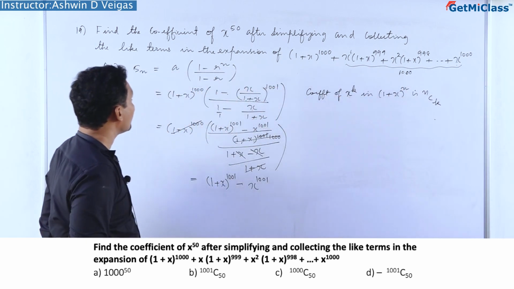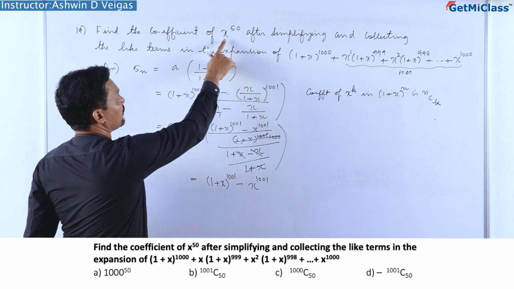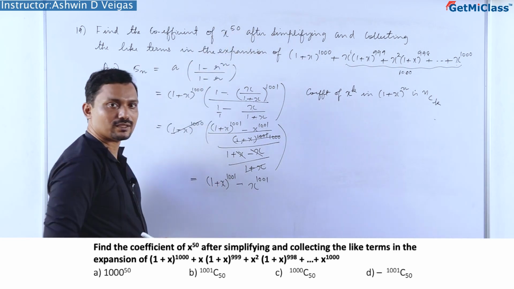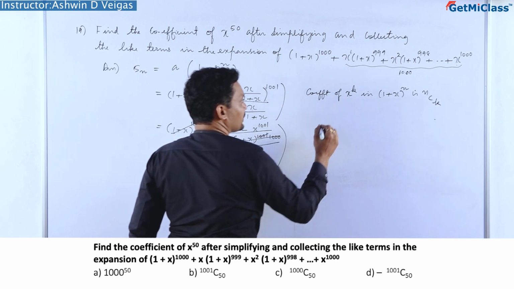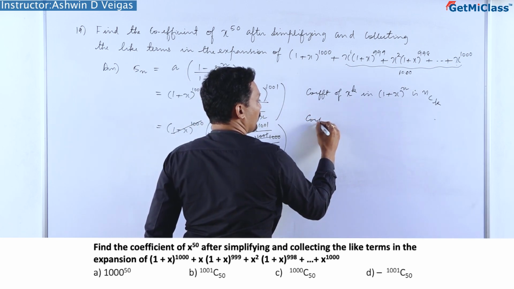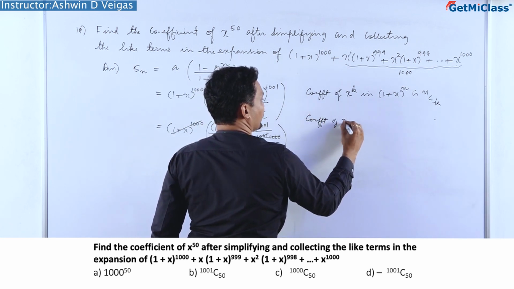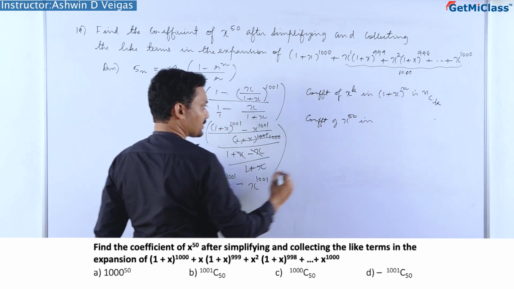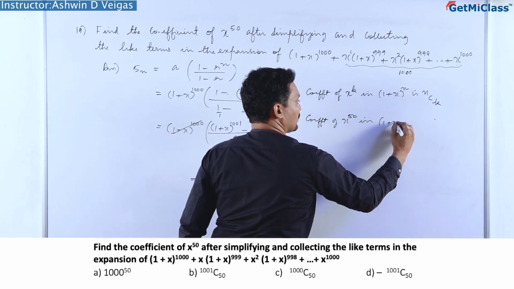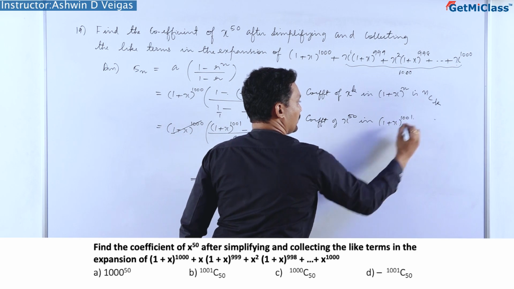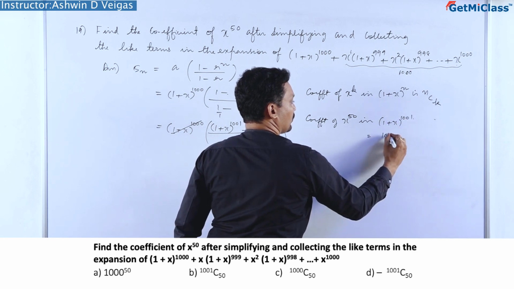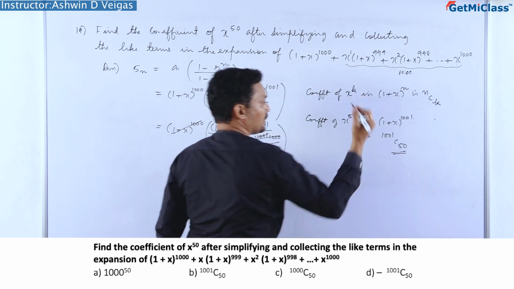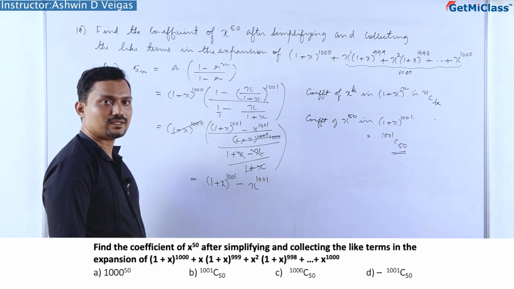Now we want a very simple thing: the coefficient of x power 50 in (1 + x) power 1001. That will be nothing but 1001 C 50. Therefore, the answer will be 1001 C 50.